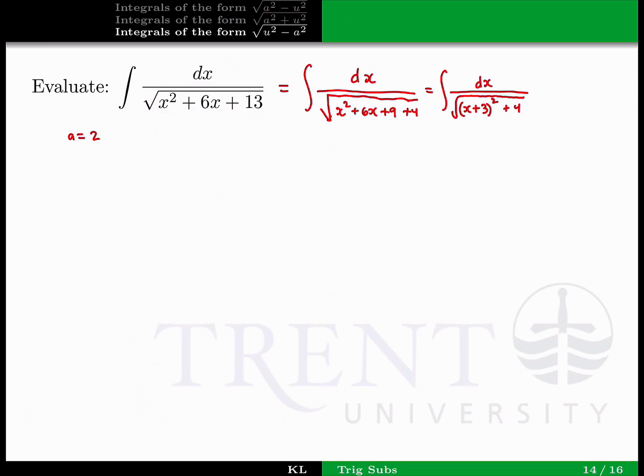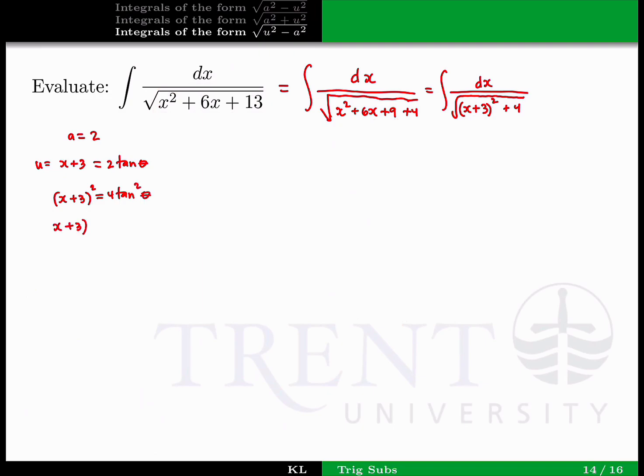Our u is actually x plus 3. And this will be 2 tangent theta. Then again, you square it. X plus 3 squared. This will be 4 tangent squared theta.